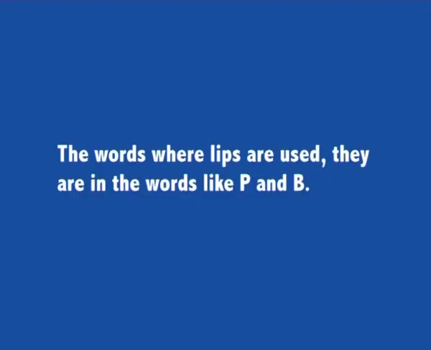K, G involve the blade of the tongue. You try to speak these sounds yourself and you will actually come to know what organs of speech are involved. And the sounds where lips are used are like P and B.